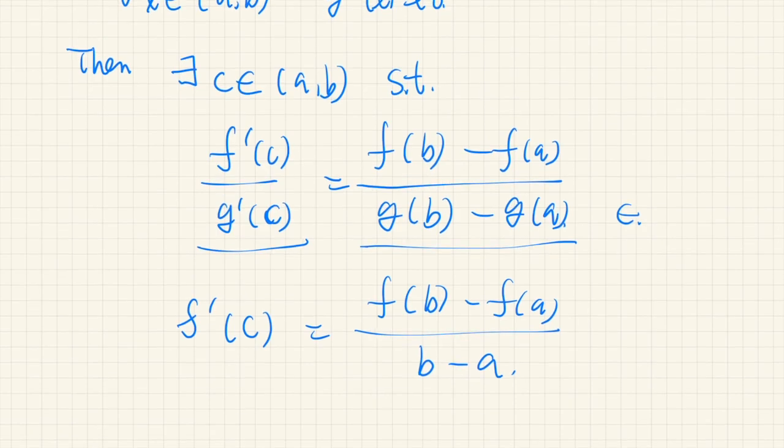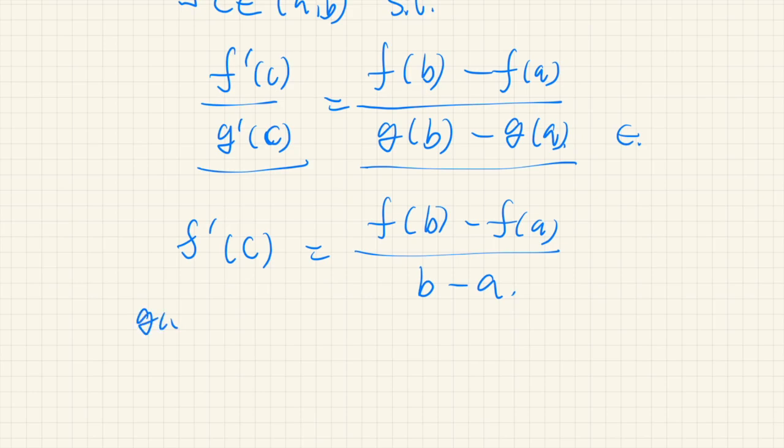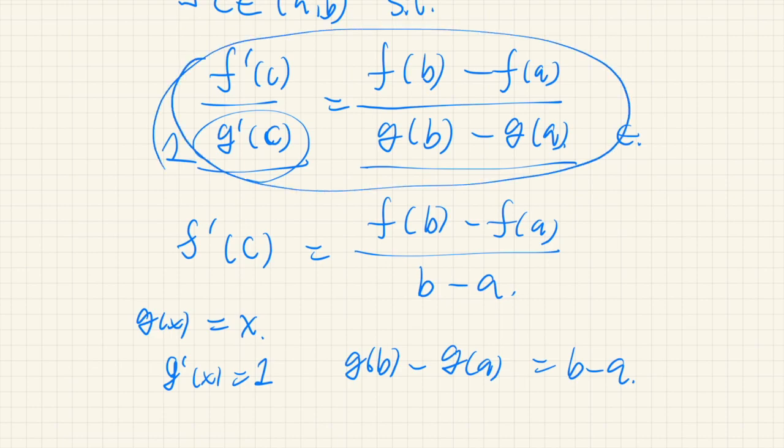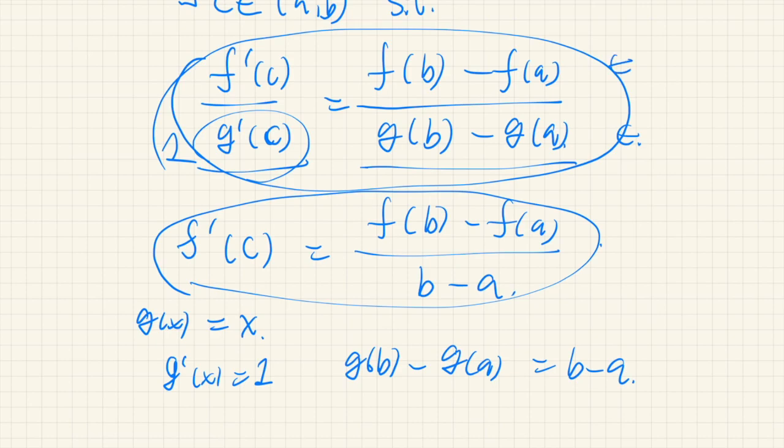And actually, if we assume that g of x is just x, then g prime of x is just 1. So this becomes 1, and g of b minus g of a becomes b minus a. So indeed, this includes the usual mean value theorem. In other words, the usual mean value theorem is just a special case of Cauchy's mean value theorem.